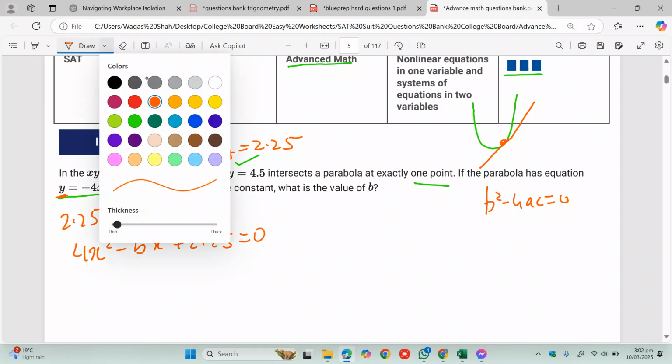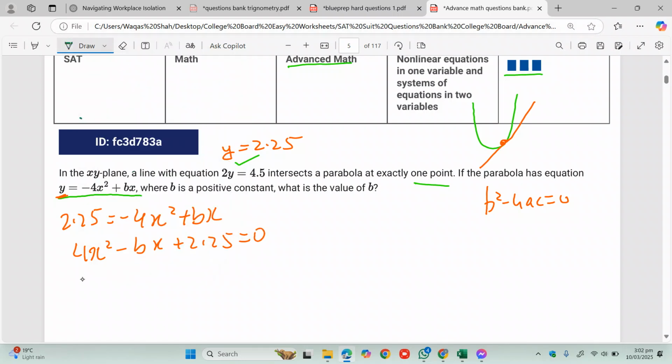Now you can see that a is equal to 4, b is equal to negative b, and c is equal to 2.25. So put all these values in the discriminant to find out the value of b.